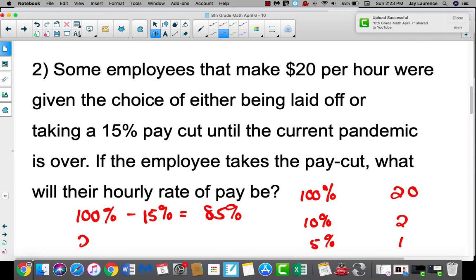Well, the 100% is $20. The 15 can be broken up into 10 and 5, so I'm going to subtract 2 plus 1, and that should leave me with $17 per hour they are making.